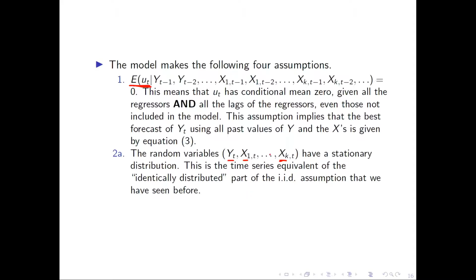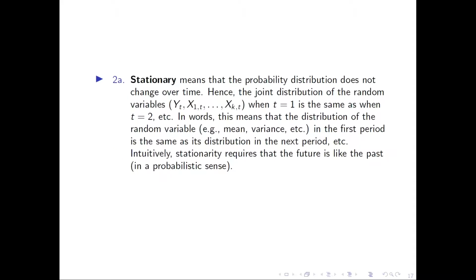And this is equivalent to the IID assumption, the identically and independently distributed assumption that we saw from, for example, the cross-section regression. The idea of stationarity is actually quite important, so let's talk about that. Because a stationary variable means that the probability distribution does not change over time.